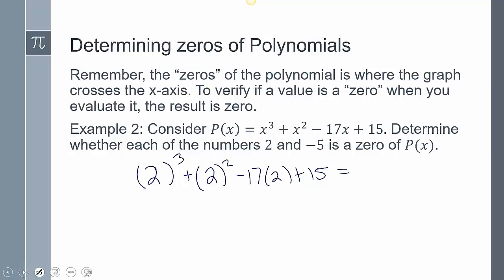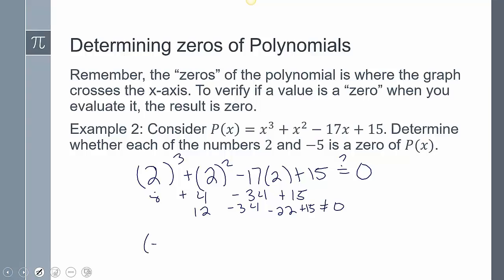Does that equal 0? You would get 8 plus 4 minus 34 plus 15. 12 minus 34 is negative 22, plus 15. That's not going to equal 0.